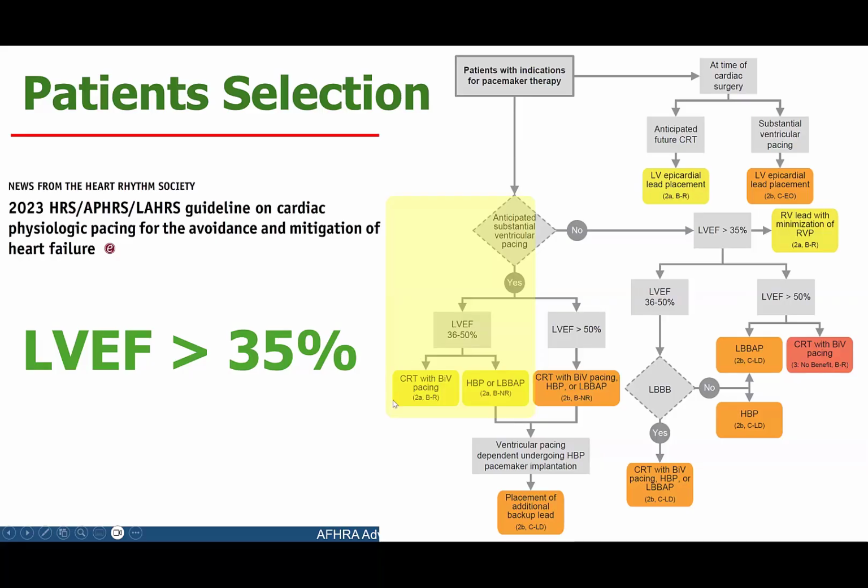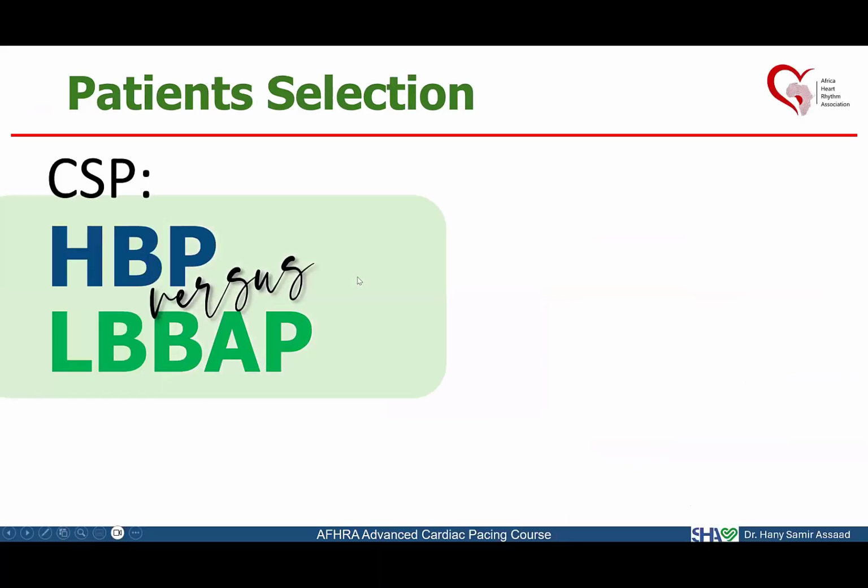You can go from the start with a CRT, with the same level of evidence and recommendation as for conductive system pacing. So you have either way to choose if your patient has an ejection fraction starting at more than 35%, less than 50%, and an anticipated substantial ventricular pacing.